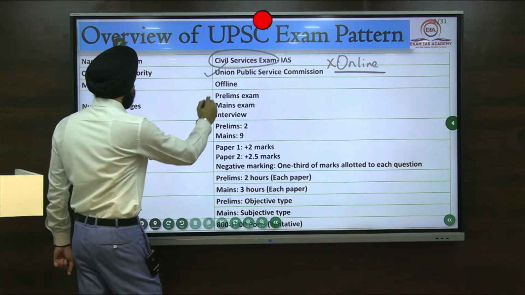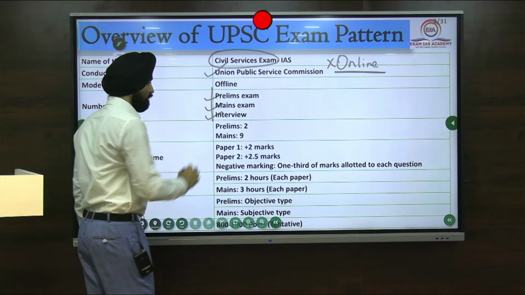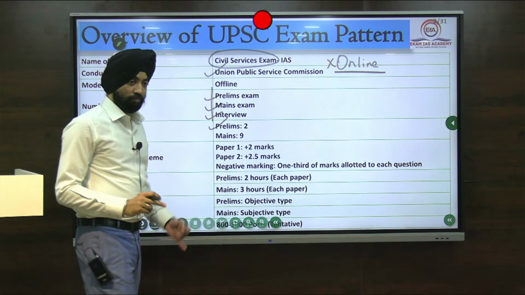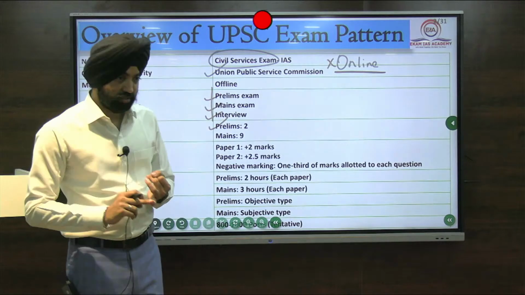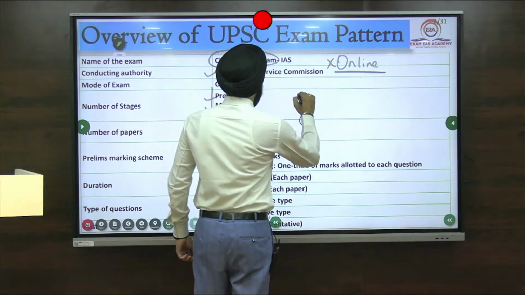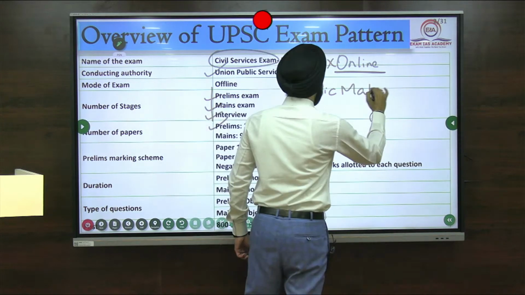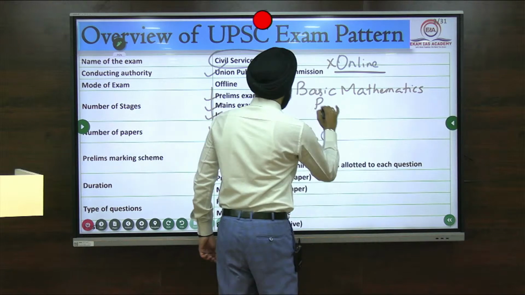The stages of examination, prelims, mains and interview, we have covered. In prelims there are 2 papers, GS and Csat. GS stands for General Studies paper and Csat stands for Civil Services Aptitude Test, where very basic mathematics and reading comprehension are there.